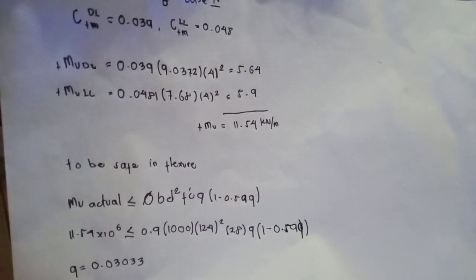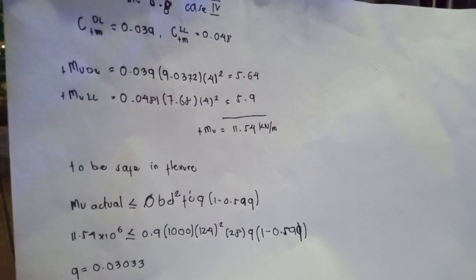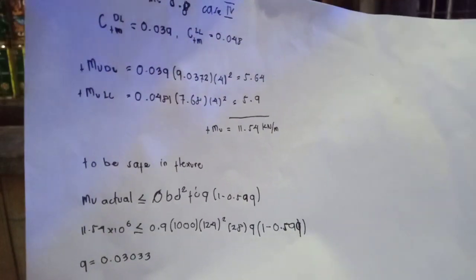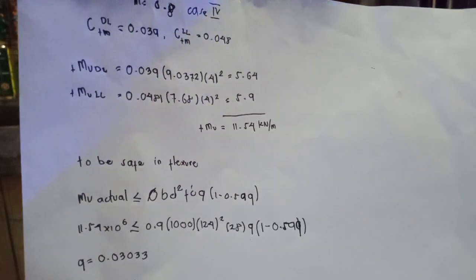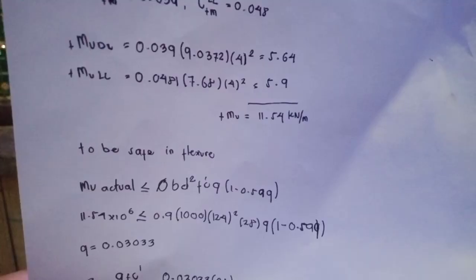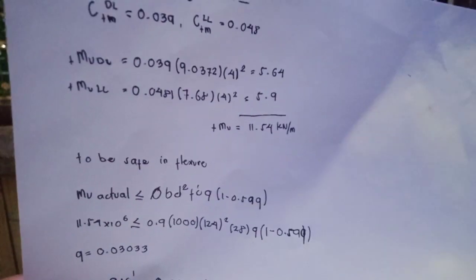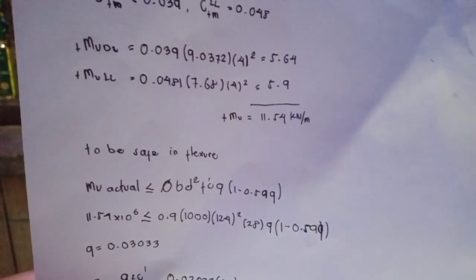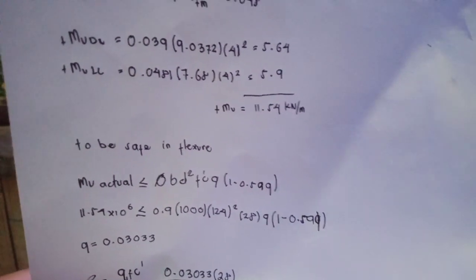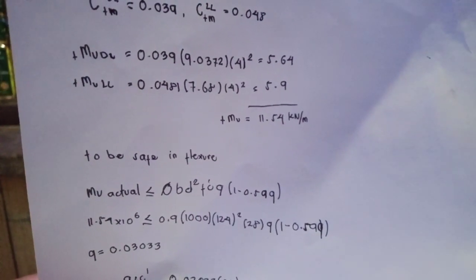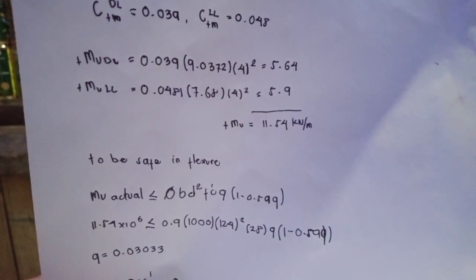fc prime q times 1 minus 0.59 q. So our mu is 11.54 kilonewton meter. So 11.54 times 10 to the 6 is in kilonewton millimeter.